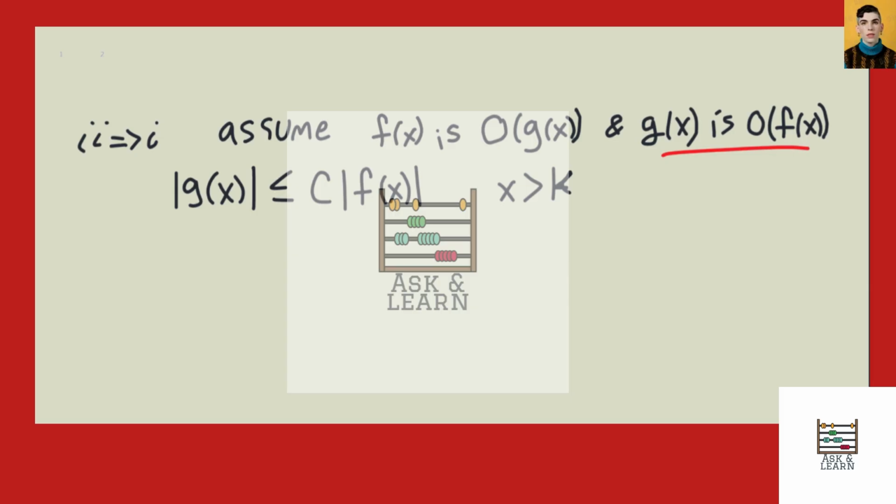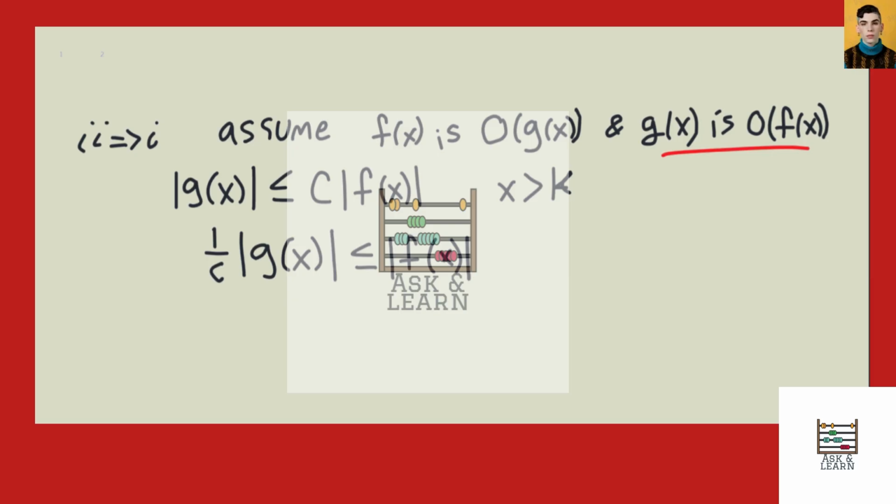So if we divide each side by c, then we get 1 over c times g of x is less than or equal to the absolute value of f of x when x is larger than k.